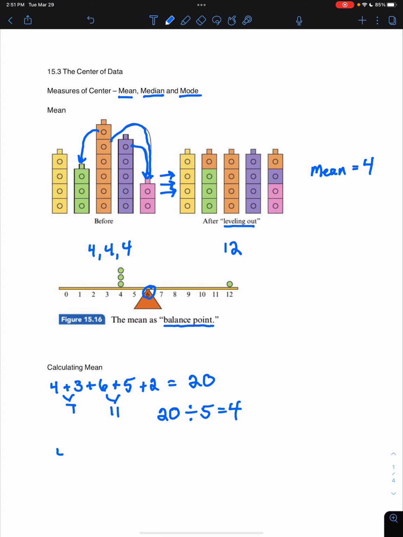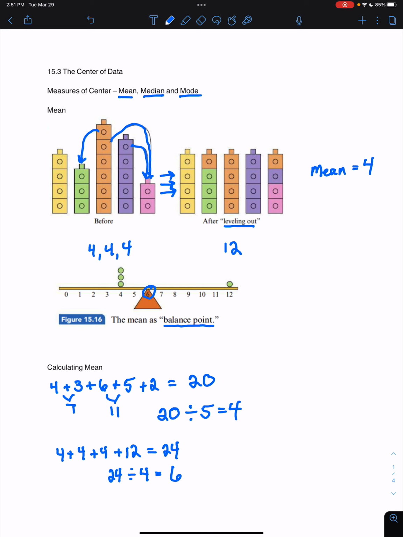So here we would do 4 plus 4 plus 4 plus 12. 4 plus 4 plus 4 is 12, and 12 more is 24. Then we divide by the number of values, 24 divided by 4, and we do indeed get a value of 6 for our mean.